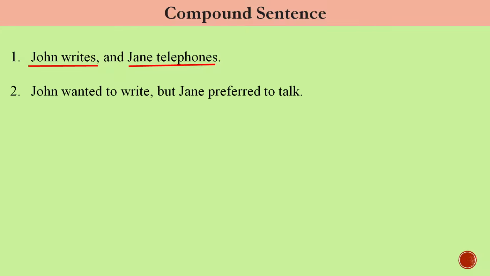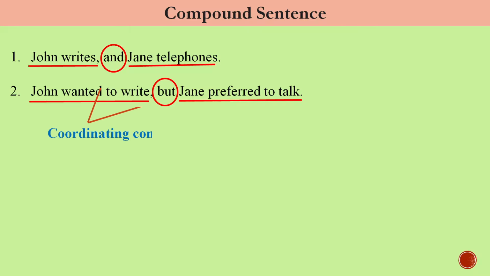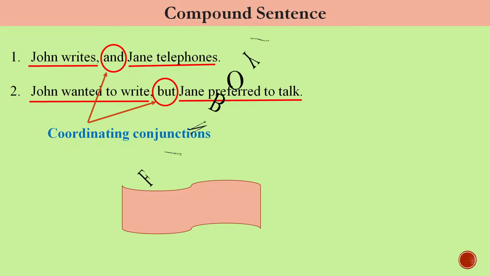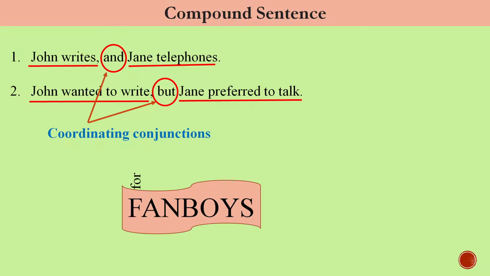Similarly, John wanted to write, but Jane preferred to talk. Here also we have two independent clauses, joined by a conjunction, and these conjunctions are what we call coordinating conjunctions. So you remember all the coordinating conjunctions. You have the FANBOYS here: for, and, nor, but, or, yet, and so.